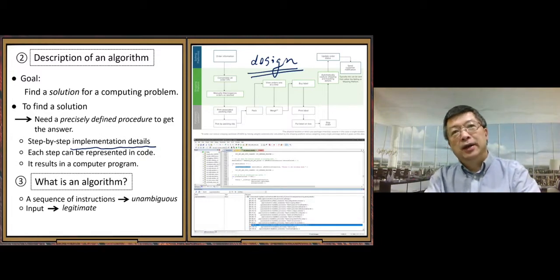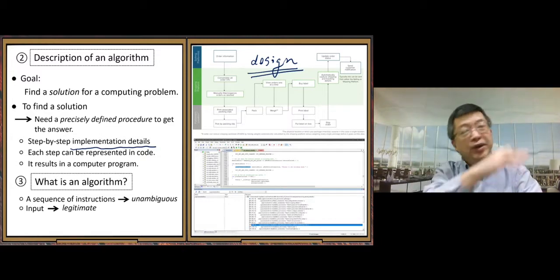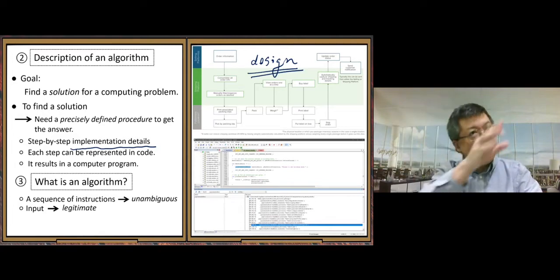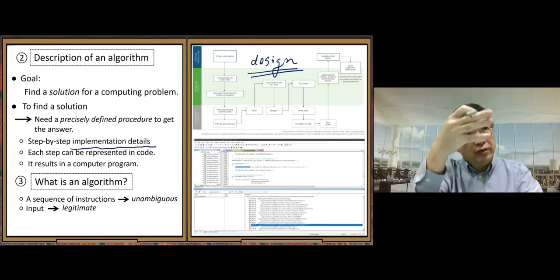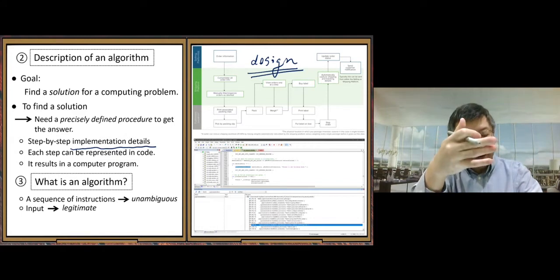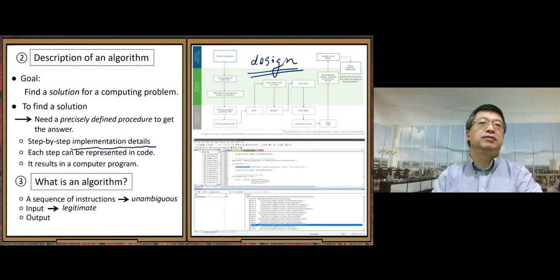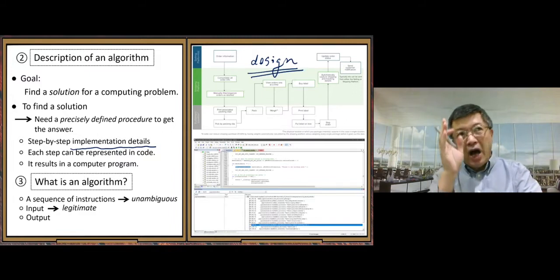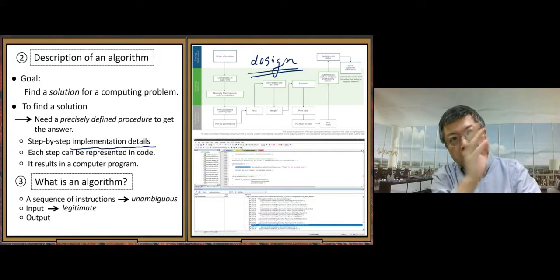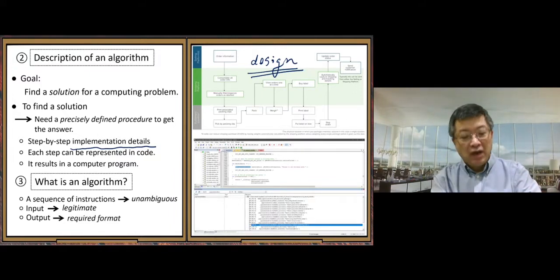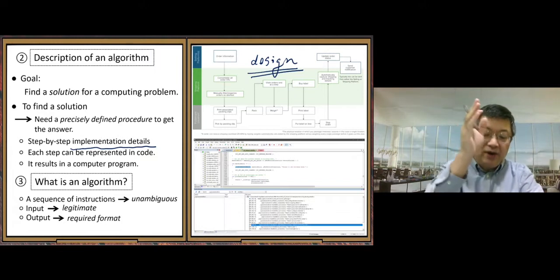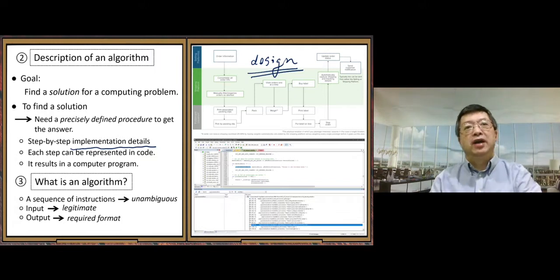So after that, we do data processing, right? Produce solution, right? And the solution will be reflected as output. So the output should satisfy some condition, satisfy the required format.